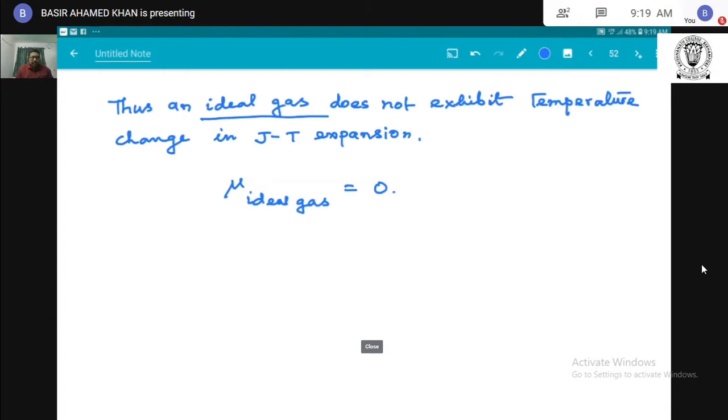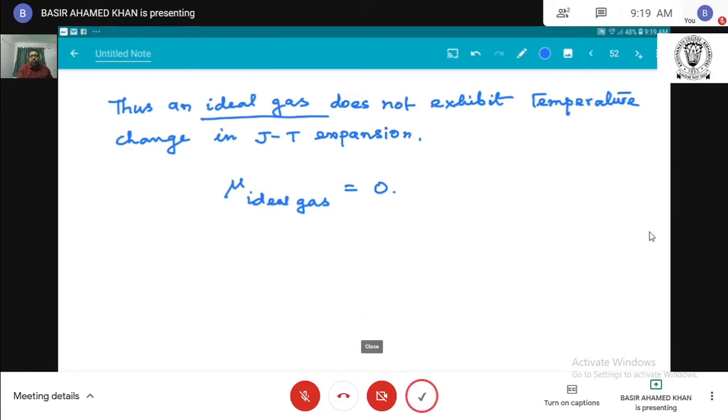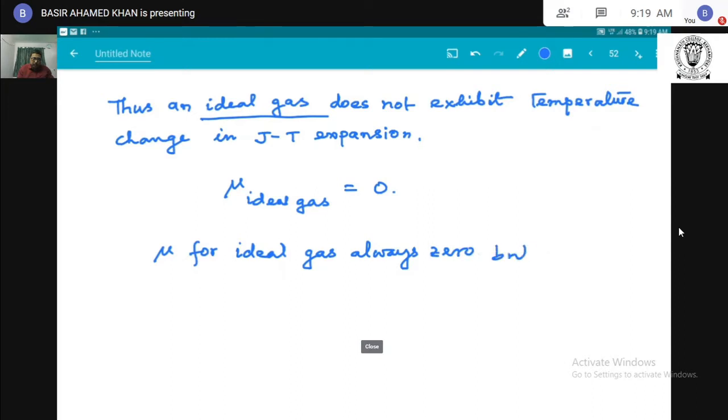The mu for ideal gas is always 0, but the converse is not true.